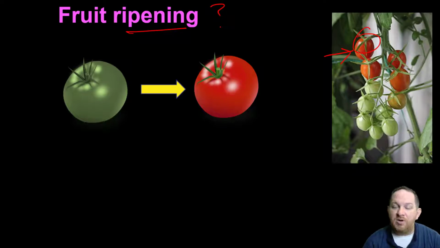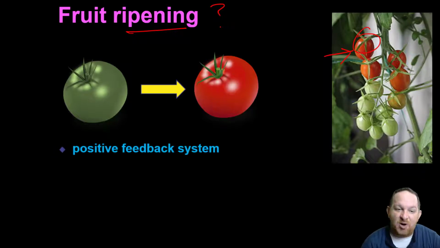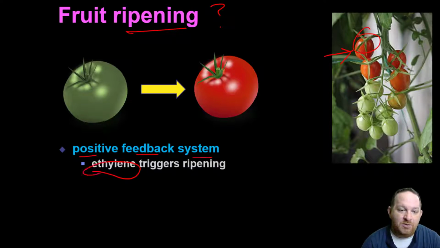Well, believe it or not, plants have evolved a ripening process. And this is part of what we call a positive feedback system. So the ripening occurs by a hormone called ethylene. This is a hormone. And when the fruit, in this case the tomato, is ready to ripen, ethylene, the hormone, is released and it starts to ripen the fruit to here.